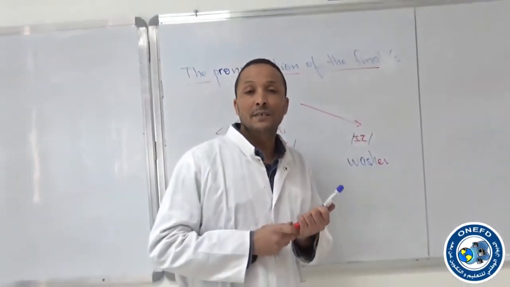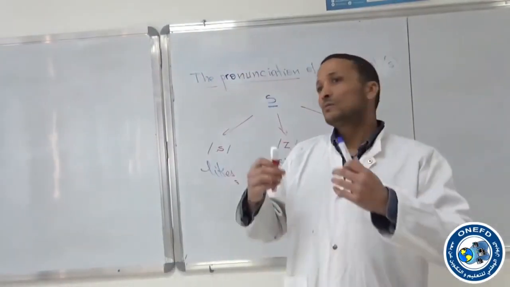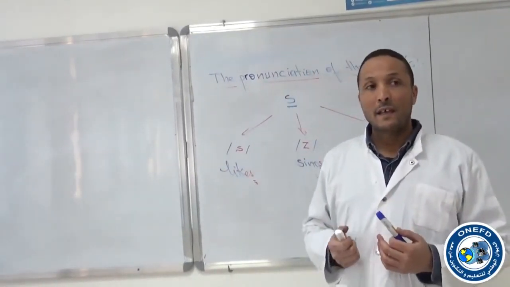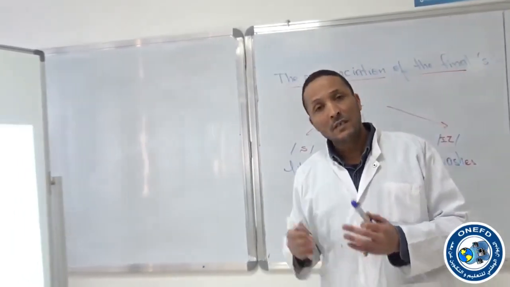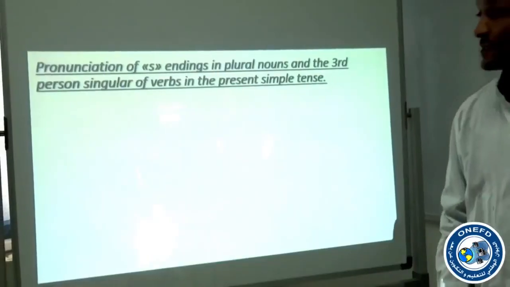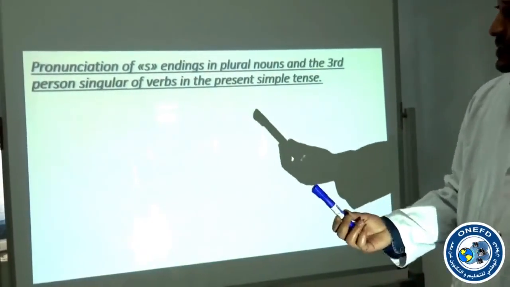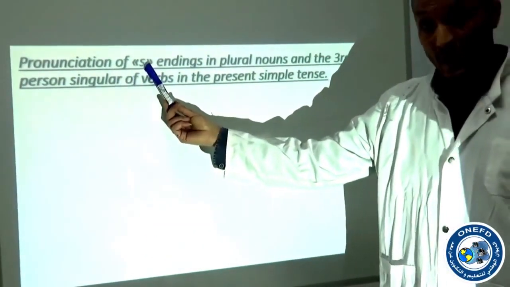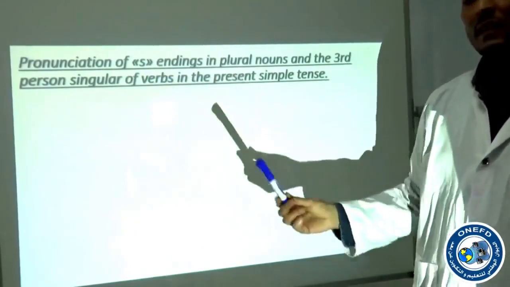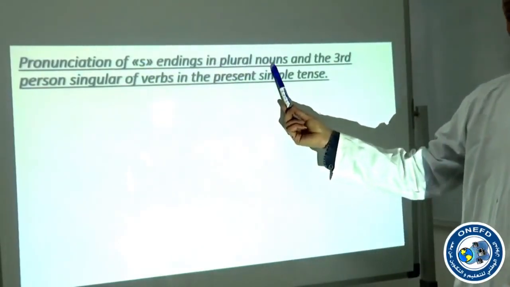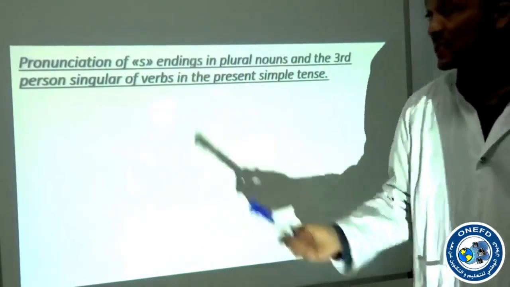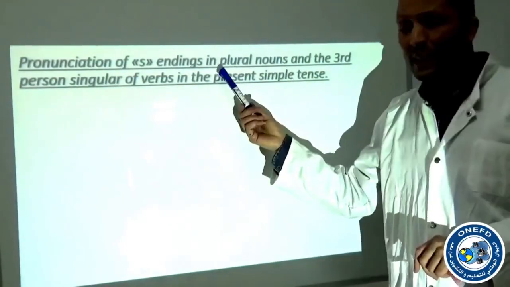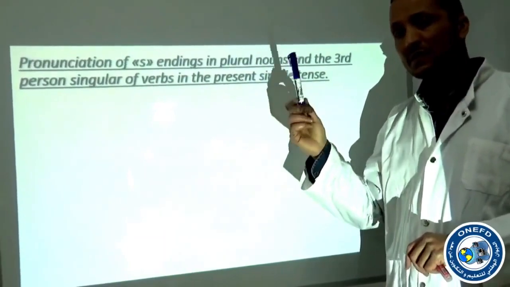To know how to pronounce the final S correctly, we have to follow some rules. The title is pronunciation of S endings in plural nouns and the third person singular of verbs. What do we mean by plural nouns? Regular plural nouns.